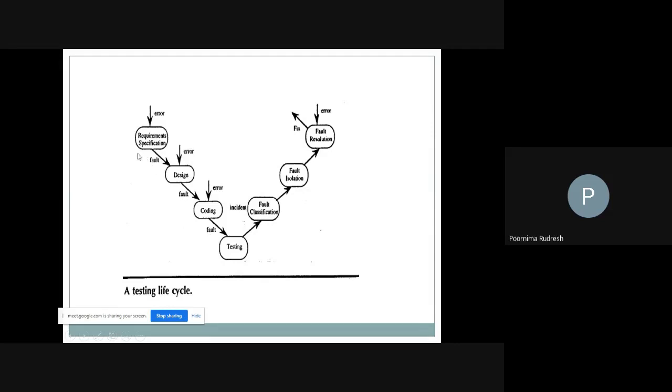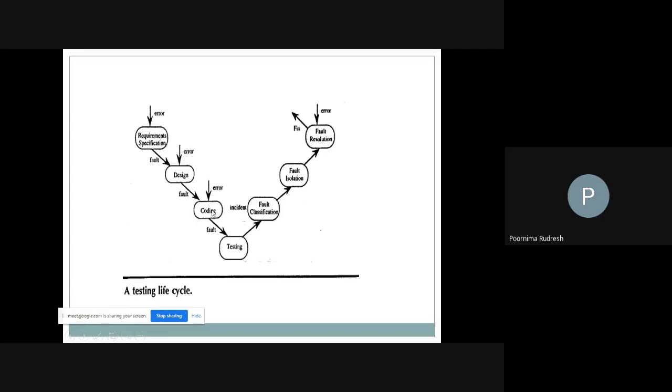Why? Because while getting the requirements, or while designing the product, or while coding the product, there is a chance that humans make errors, or that an error may be included during the requirement specification phase, design phase or coding phase.